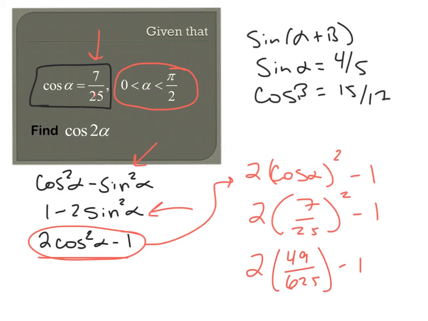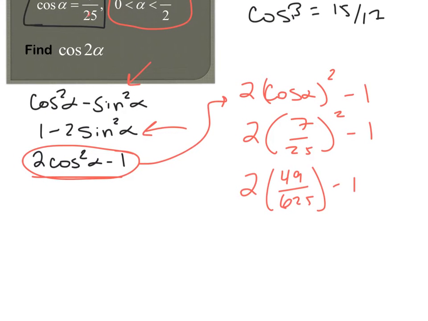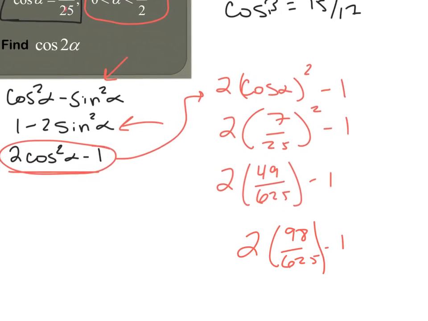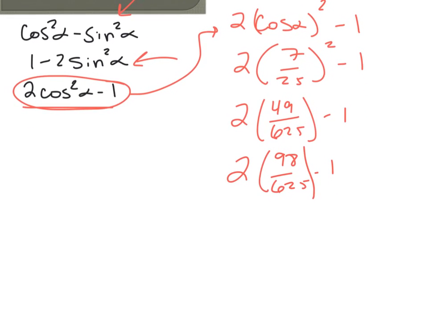So I'm going to go ahead and scooch this up real quick. So I get 2 times 98 over 625 minus 1. Okay, and so you use your calculator or whatever, and I'm running out of room here, so let me move this up.